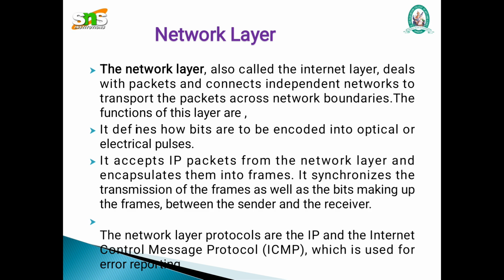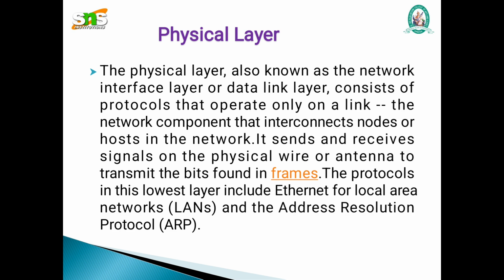It synchronizes the transmission of the frames as well as bits making up the frames between the sender and the receiver. The network layer protocols are the IP and the Internet Control Message Protocol (ICMP), which is used for error reporting.